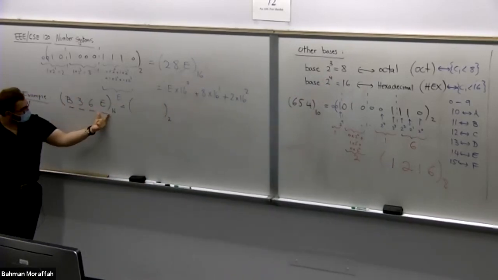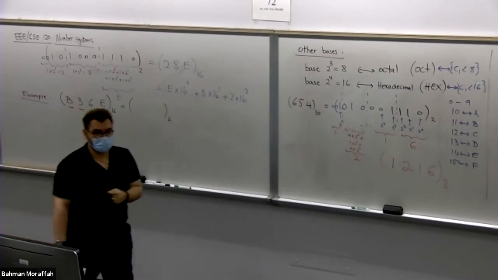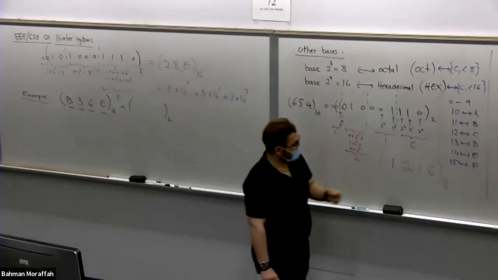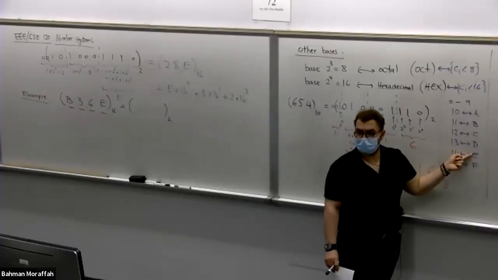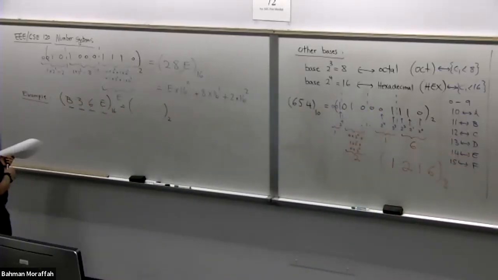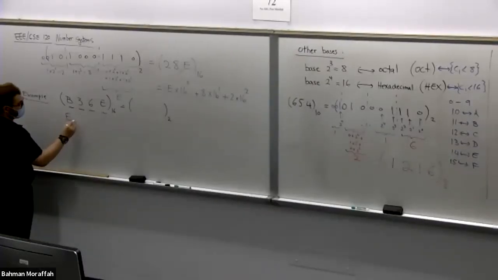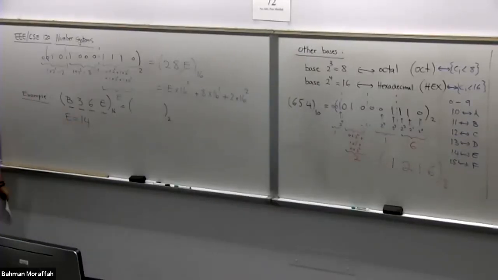So what is the 4-digit representation of E? First of all, what number does E represent? This E here is 14.